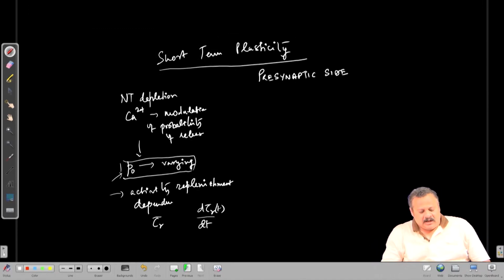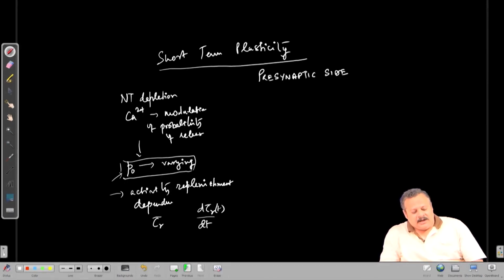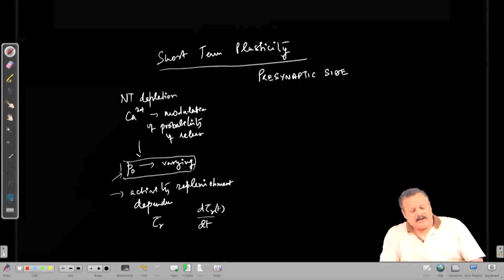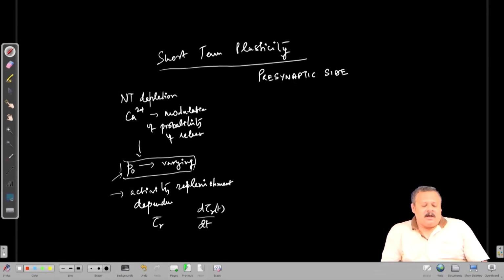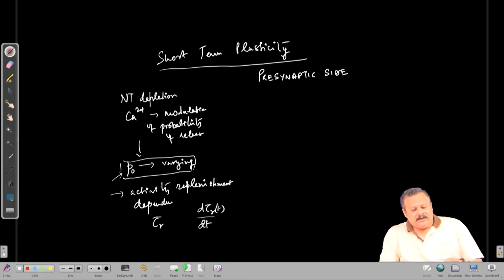There are many more experiments to be done, and so here we are trying to inform you about the possible complexities that can be put into the presynaptic terminal and still be able to realistically model our short term depression and short term facilitation.